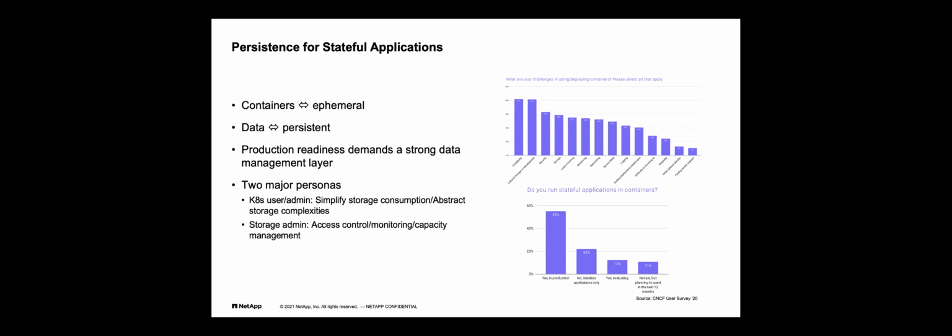But that introduces some challenges. And if you look at the upper right-hand chart, one of the leading challenges in containers is storage. The reason that it's a challenge, especially in Kubernetes, is that Kubernetes is designed to allow pods or the containers to move between nodes in the Kubernetes cluster.